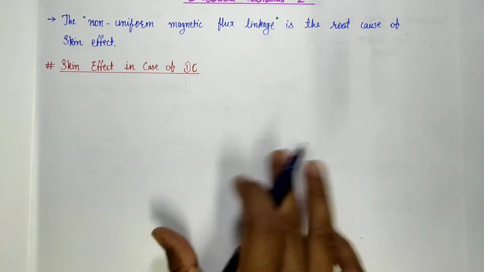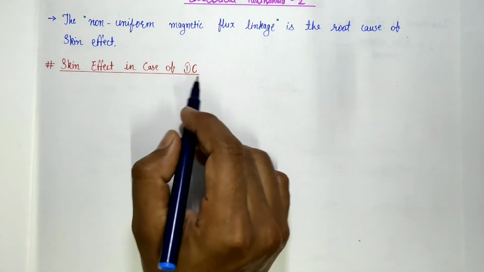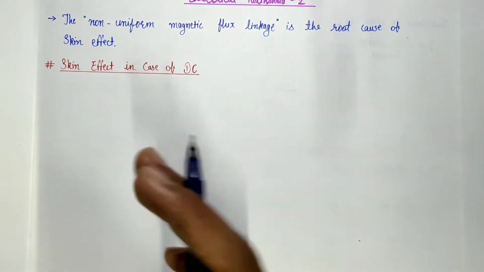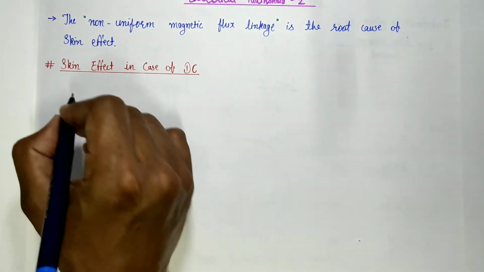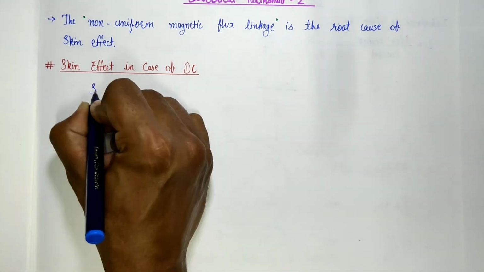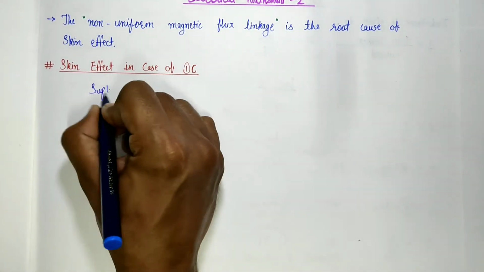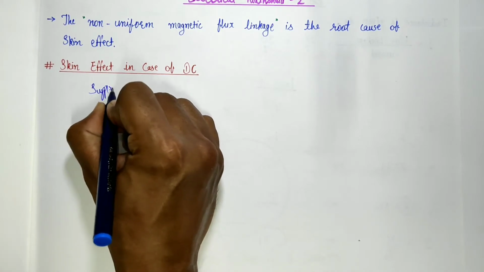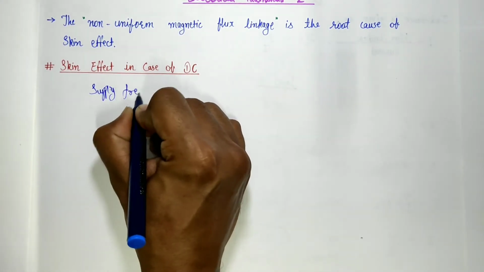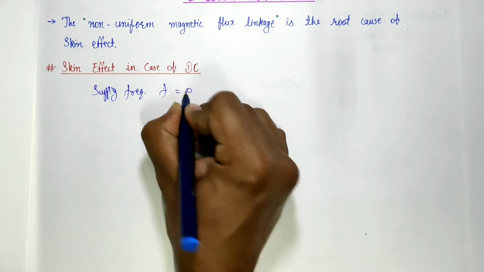Now guys, our next topic is skin effect in case of DC. So what happens in case of DC with skin effect? As you know, in case of DC, the supply frequency F is 0.